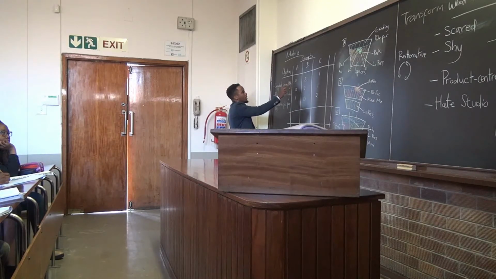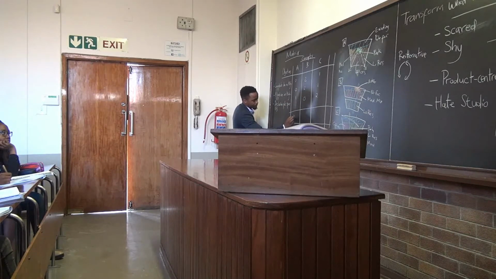So for A, it's 1 times 0, that's a 0. And 2 times a 0, that's another 0. And then 3 times 1. And then the total score will be 3.